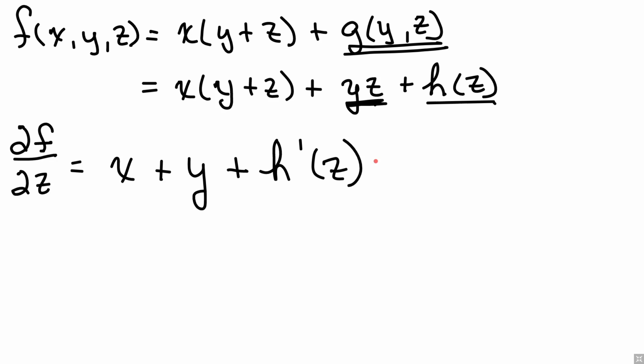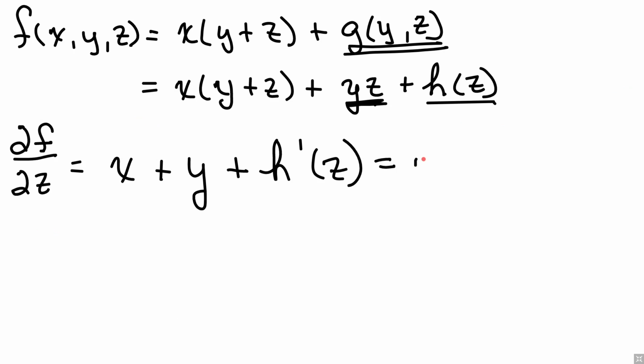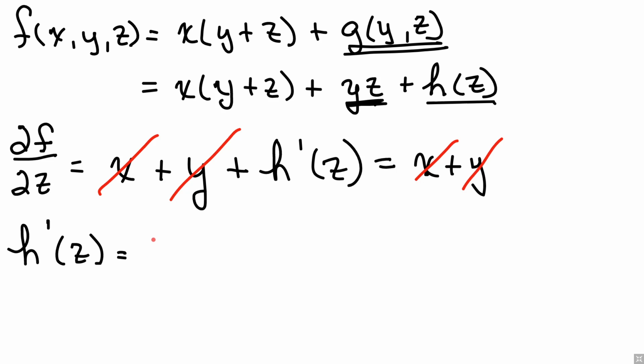Now, this is going to be equal to that last component of f, and the last component of f is x plus y. Well, if we solve this, x's cancel, y's cancel. So all we have left is h prime of z is equal to 0.